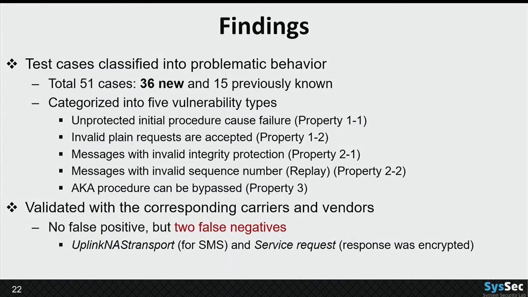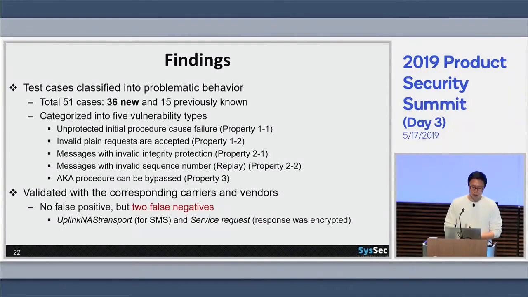So here are the findings. In total, we found 51 cases. Among them, 36 are new vulnerabilities, and 15 were previously known vulnerabilities.